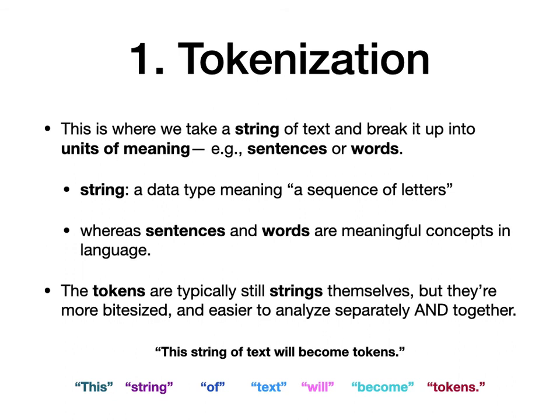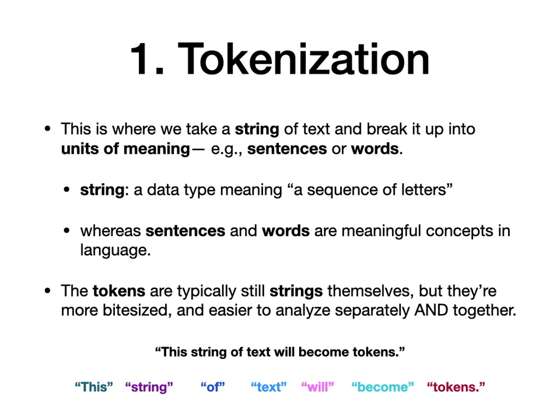You must know. So keep that in mind. But then sentences and words, the tokens that we're talking about, are meaningful concepts in language, right? So these are the meaningful chunks. You don't cut words in half. You cut them on the white space, right?